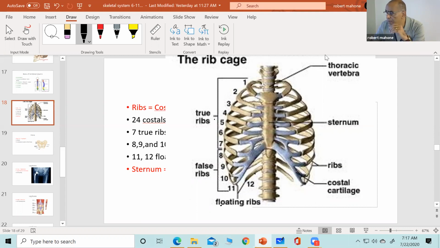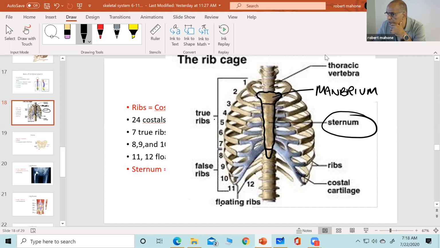All right. And the last thing we want to talk about then is right here, known as your breastbone. And the actual name of it is the sternum. Now, the sternum does have parts on this image. I don't know if you can see it real well, but there are lines that separate the three parts of the sternum. The upper part right there is the manubrium.